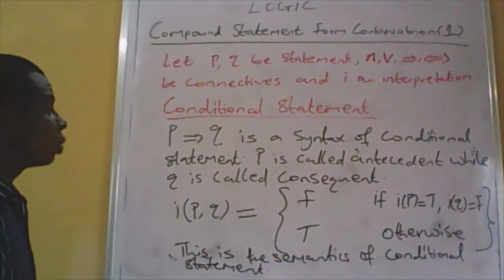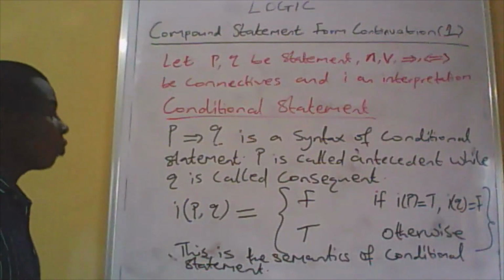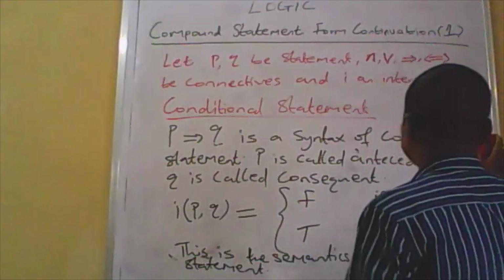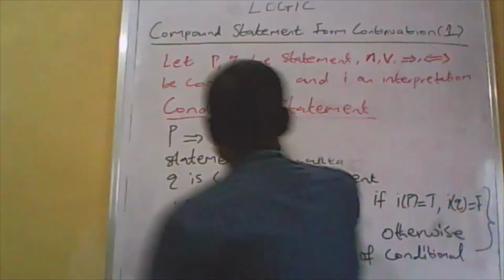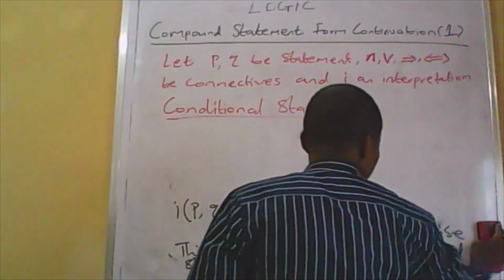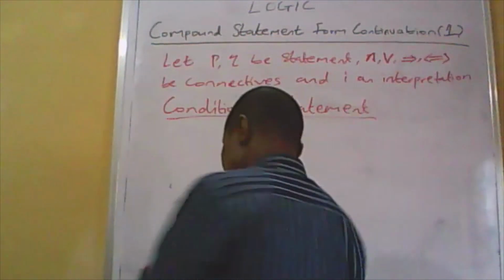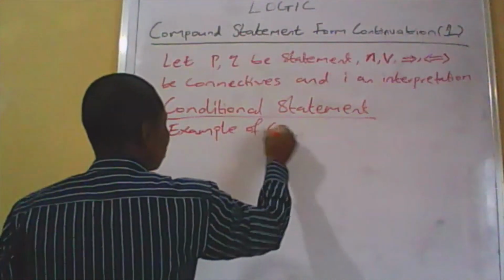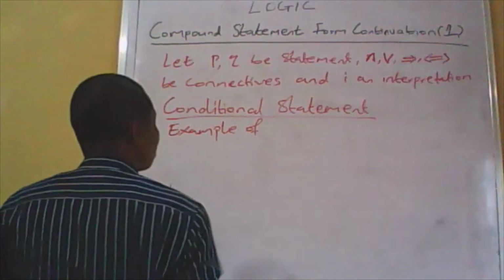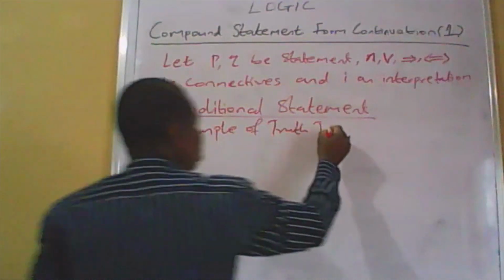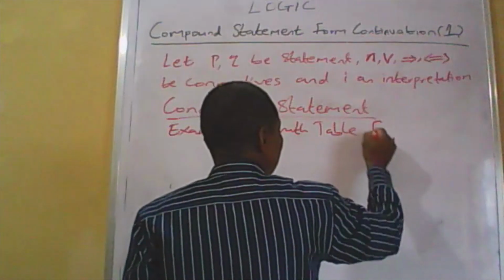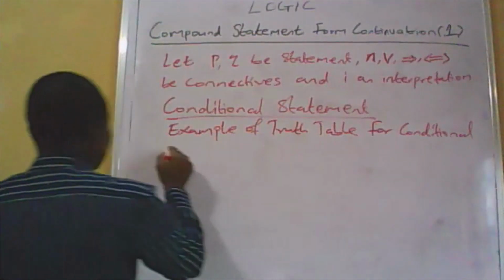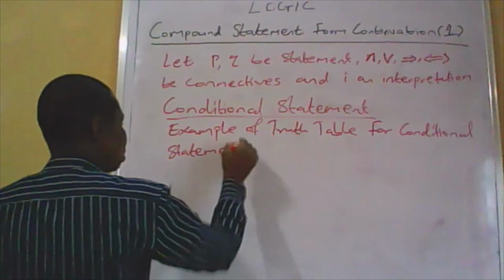So let's go back to the statement to show all the possible combinations and the valuations of the conditional statement P implies Q. Example: truth table for conditional statement.